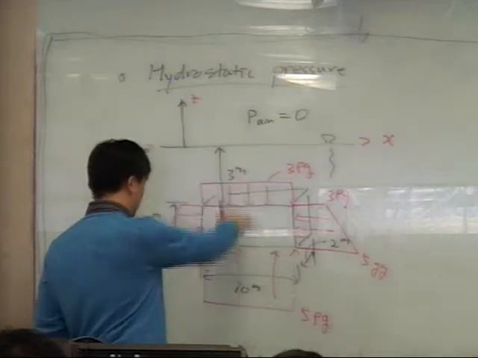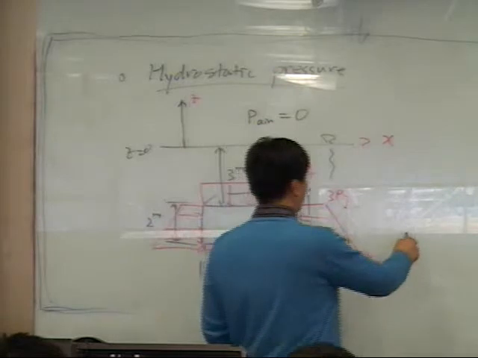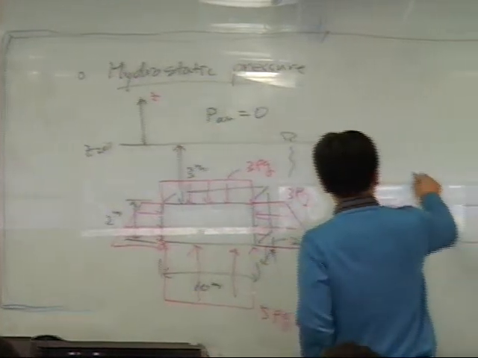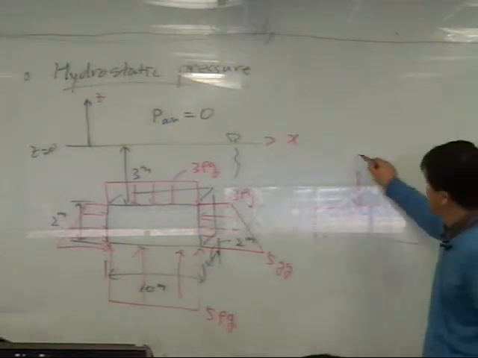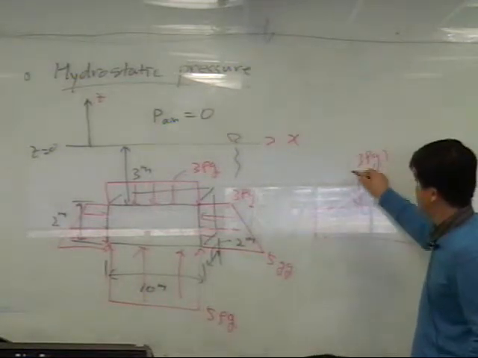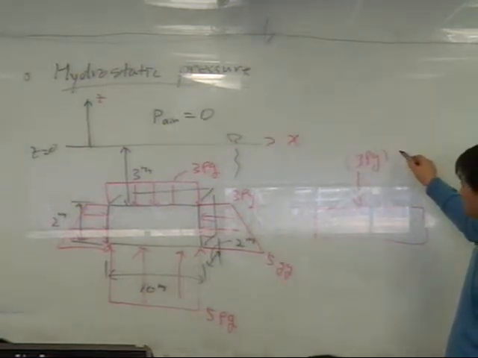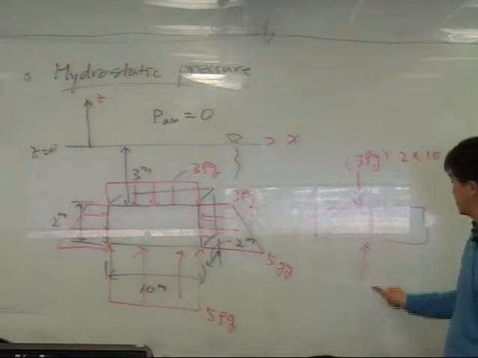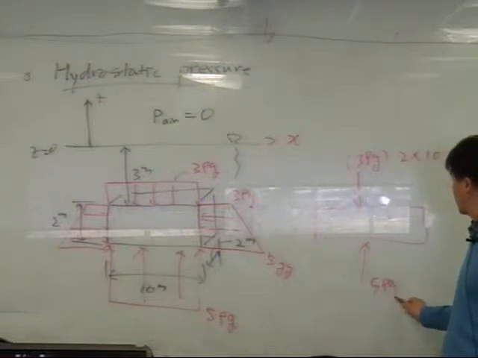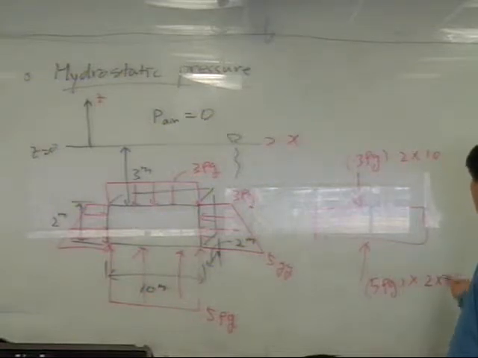But how about the y direction? The pressure on the top will be 3 rho g multiplied by the area of the top surface, 2 multiplied by 10. How about here? 5 rho g multiplied by 2 multiplied by 10.